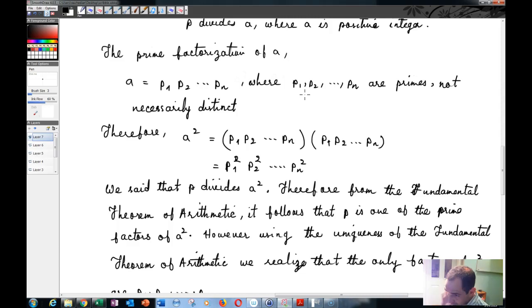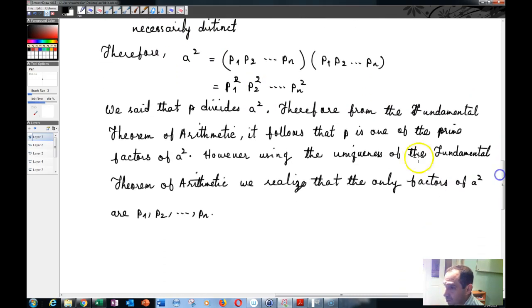So not necessarily distinct. Now, if that's the prime factorization of a, then a squared is going to be this thing over here times itself, because a squared is the same thing as a times a. So now here we said that p divides a squared, meaning that a squared is divisible by p.